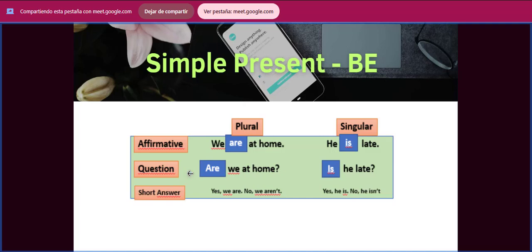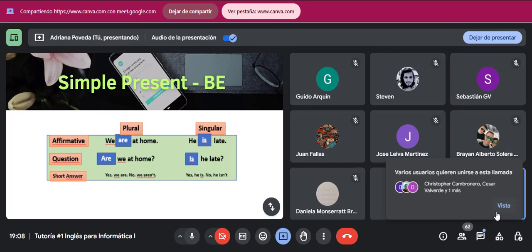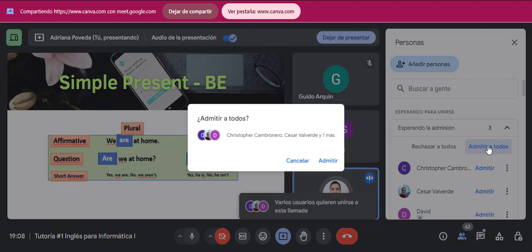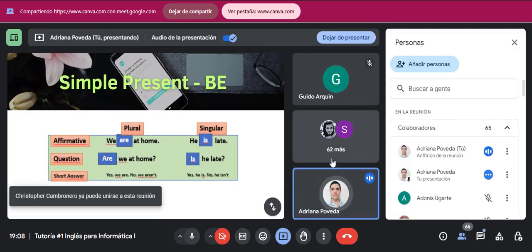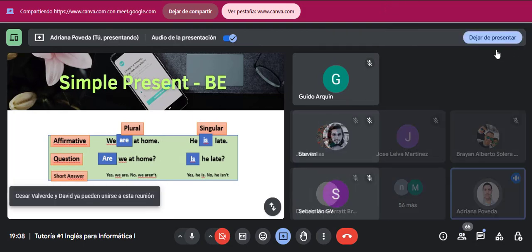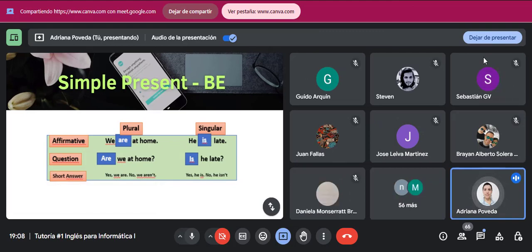For the question, are we at home? We can have two possible short answers. So we can say, yes, we are, or we can say, no, we aren't, depending if we want to provide an affirmative answer or a negative answer. Then we have another example.